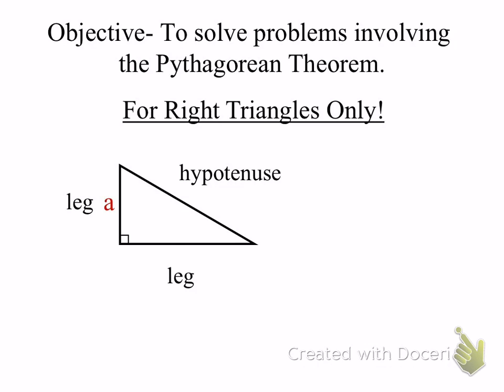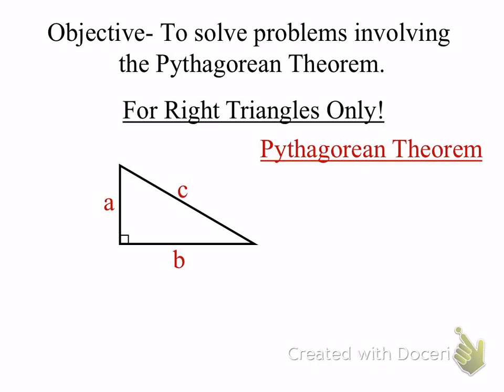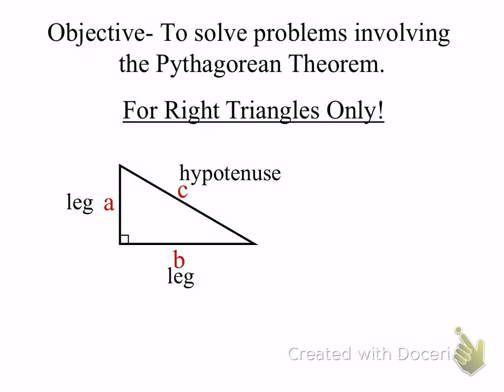Now, a lot of times we name these A, B, and C. For middle school purposes, we'll use A, B, and C, and the formula A squared plus B squared equals C squared to refer to Pythagorean Theorem. Know that A and B are interchangeable, so I could call one A and the other B, but C is always the hypotenuse, okay?